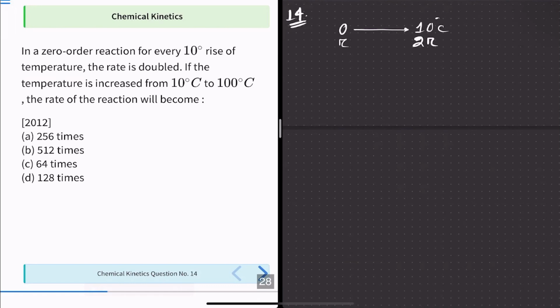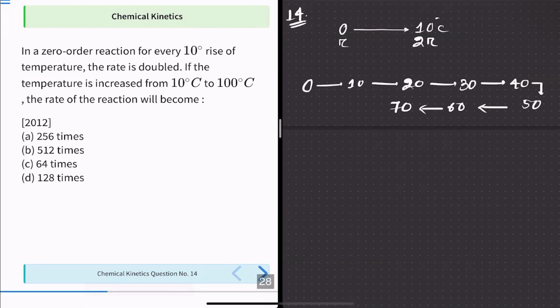Let's find out. 0 to 10, 10 to 20, 20 to 30, 30 to 40, 40 to 50, 50 to 60, 60 to 70 degrees Celsius, 70 to 80 degrees Celsius, 80 to 90 degrees Celsius, and 100 degrees Celsius.